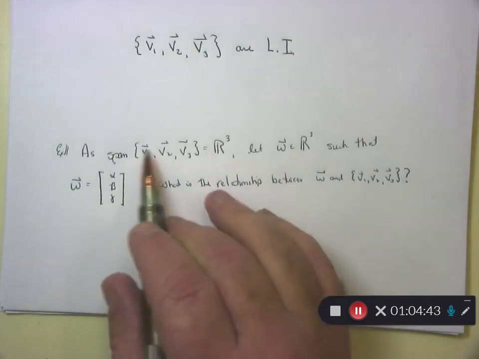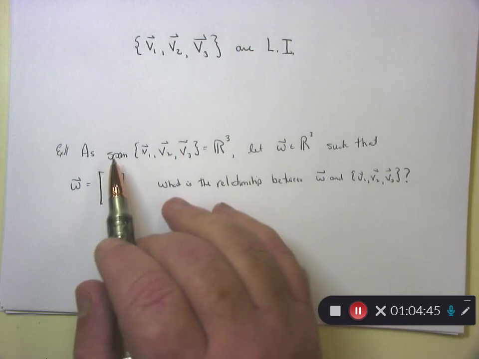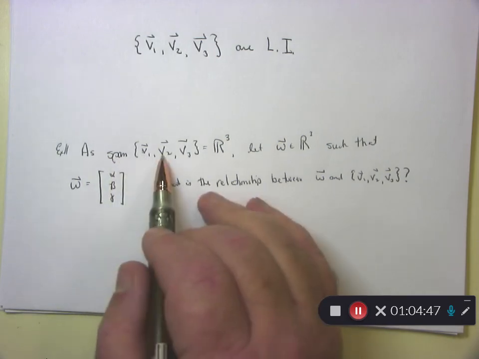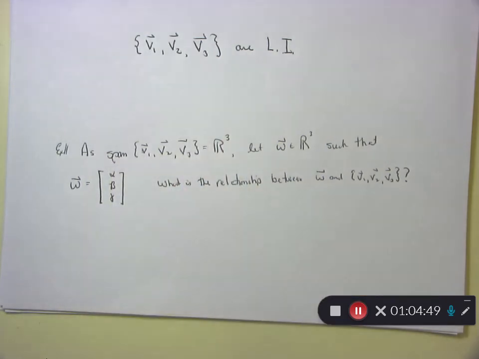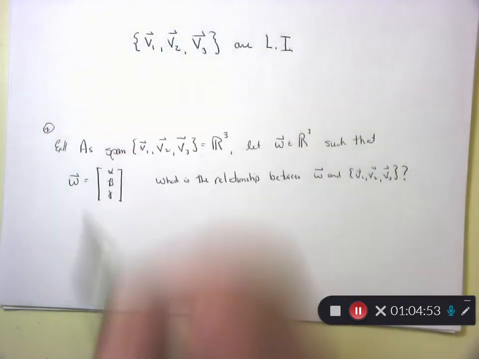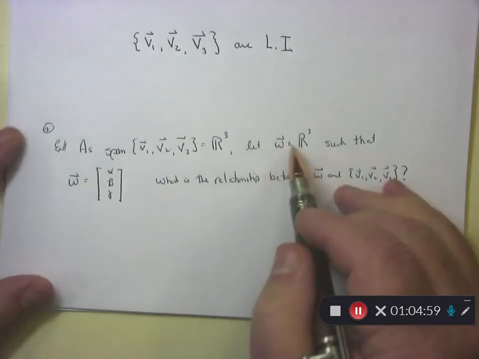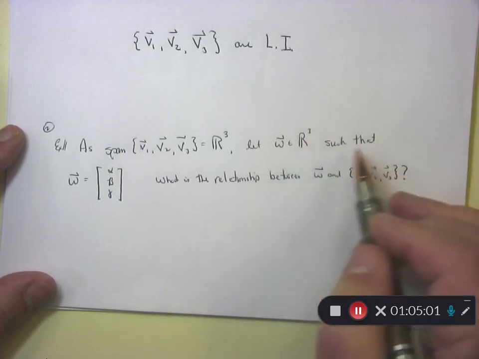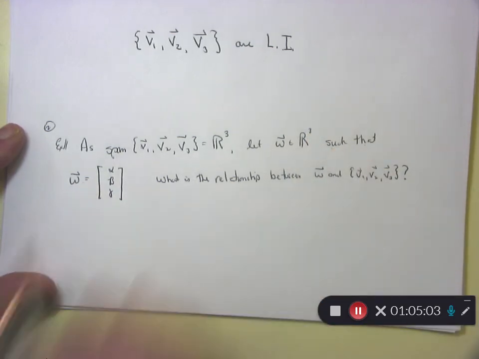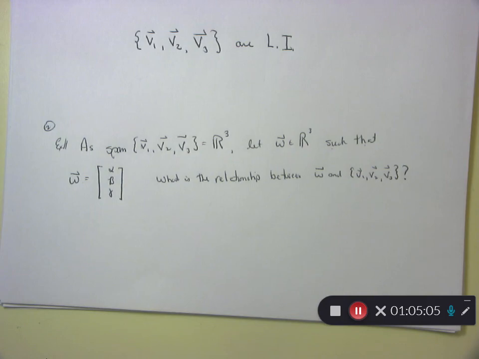Since these guys are now linearly independent, is the span of V1, V2, V3 going to be equal to all of R3? That's what part two of being a basis you need to show. Which means this. Let W be a vector of R3 such that W is equal to something very arbitrary.